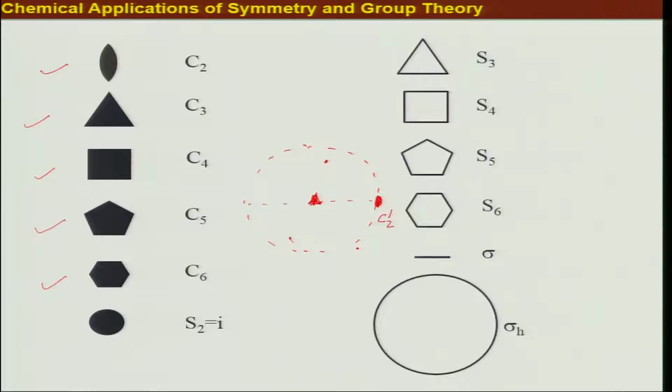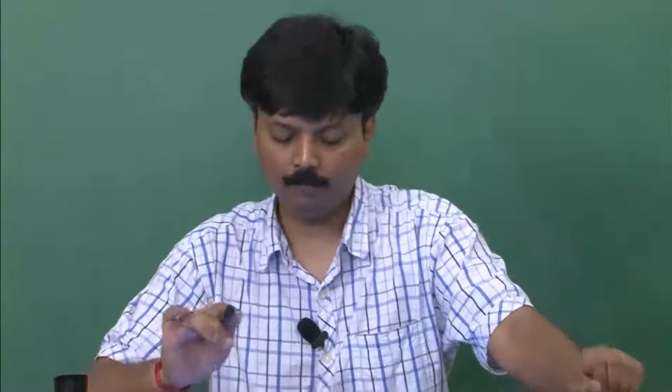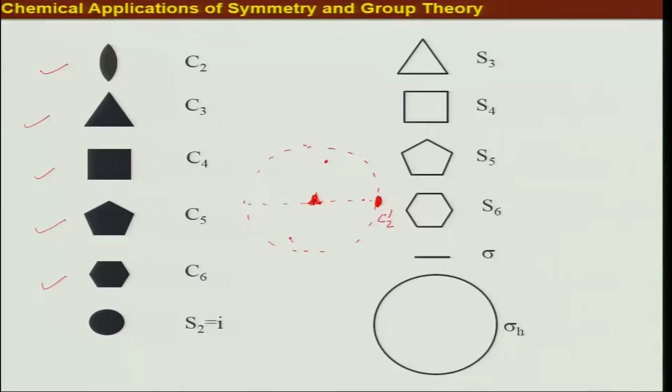Fine. Now, whenever I draw any line, particularly when it is a dashed line, that means nothing. That has no physical significance here. Whenever we see a solid line, that means something. So these dashed lines are just for guidance. That's all. Now suppose this line is my sigma plane.